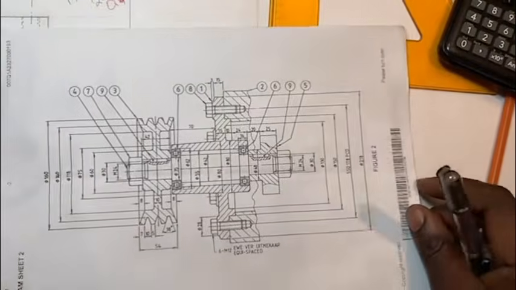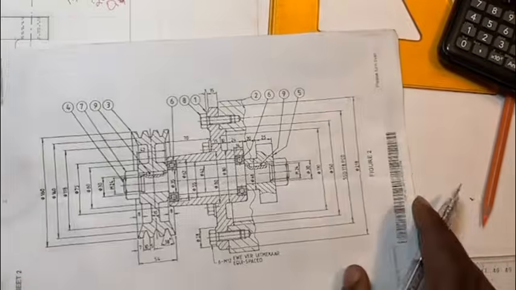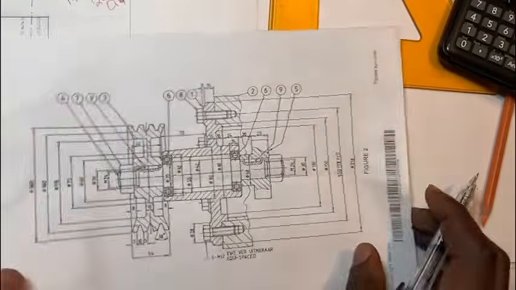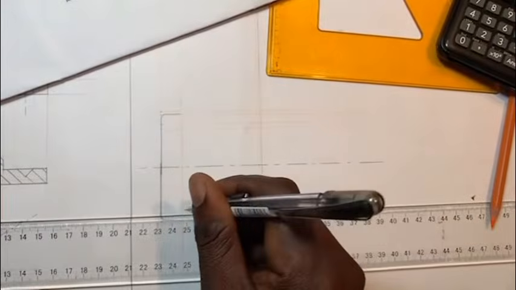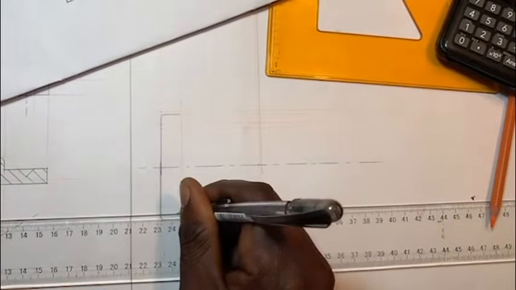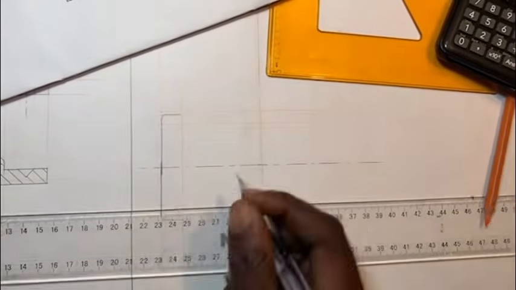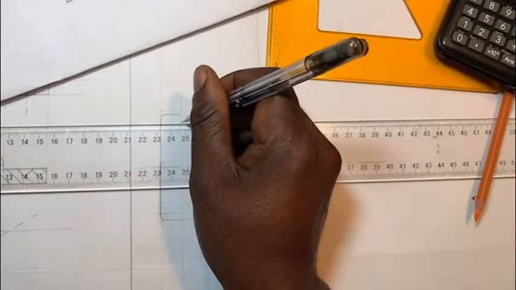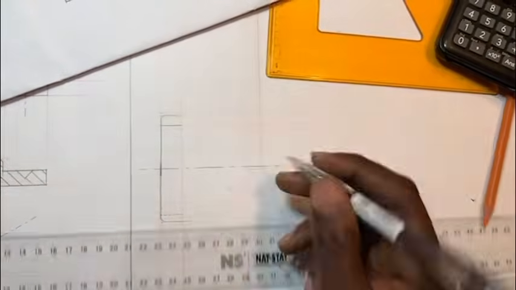I'm going to go dark till way, dark till way. So remember the question said the bottom half in section. So that I don't miss it, this side is going to be hidden, which is that 14 and 8. So this side is going to be solid, which is that 14.